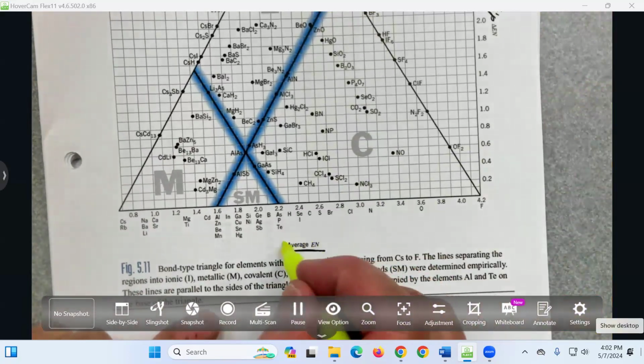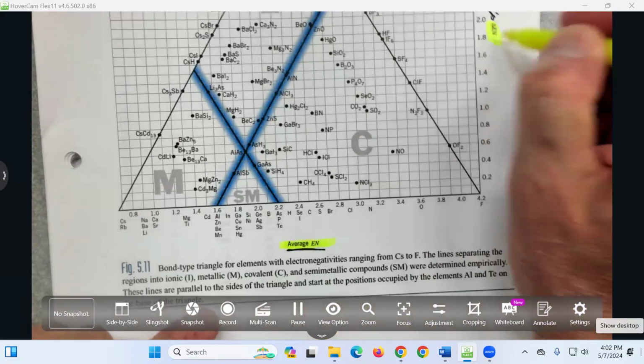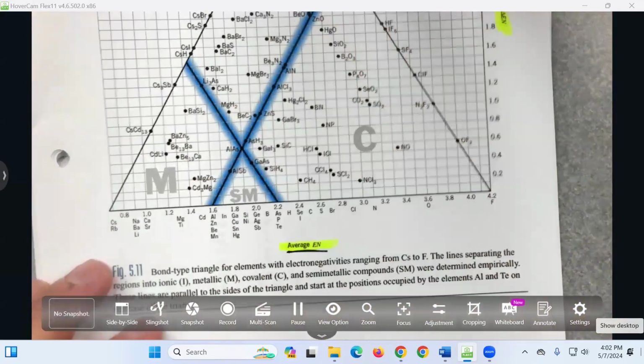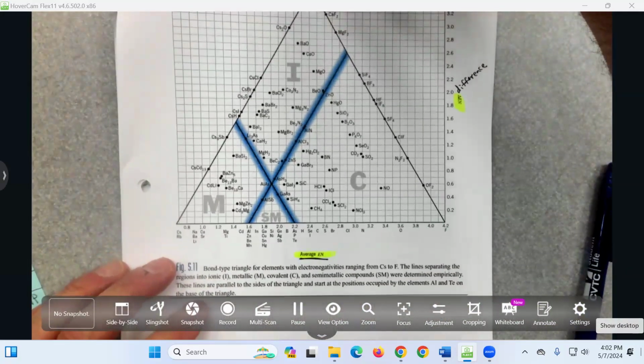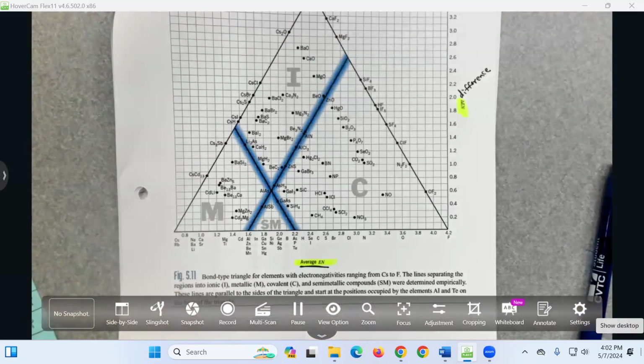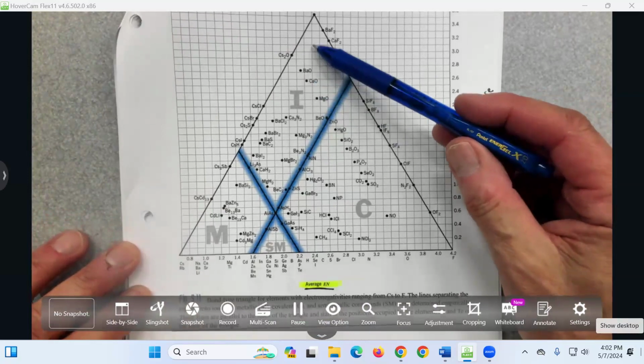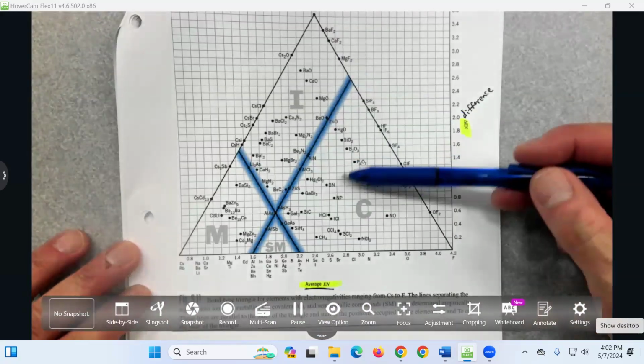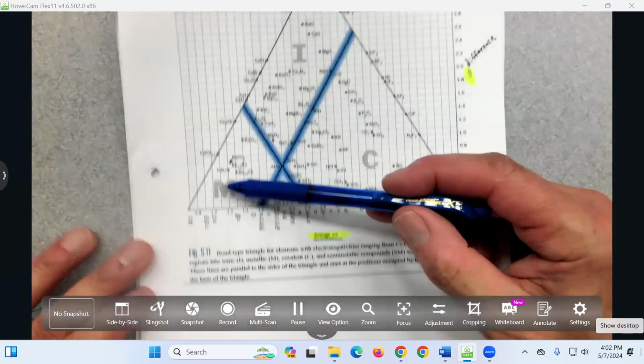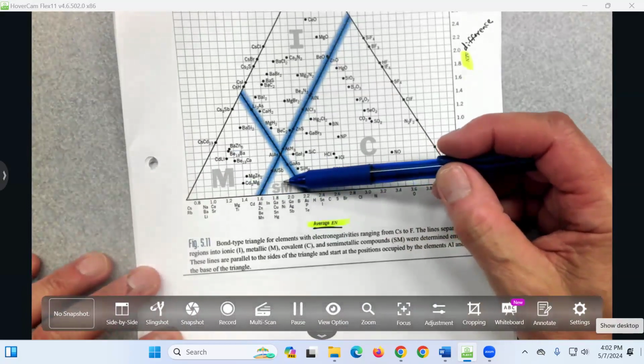Difference, average. And then we end up more accurate by taking into account the average and not just the difference. We end up with ionic bonds in this region, covalent bonds in this region, metallic here, and this is semi-metallic.